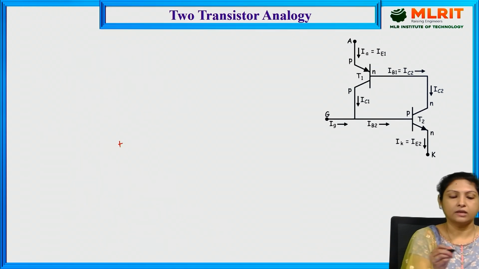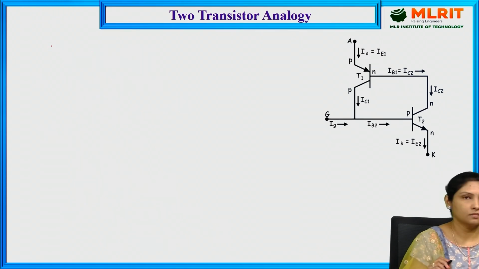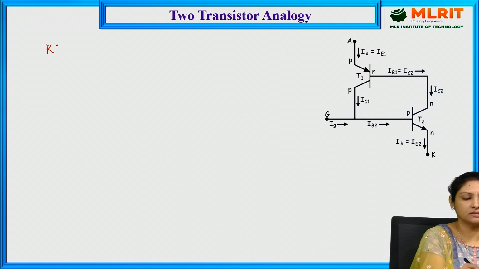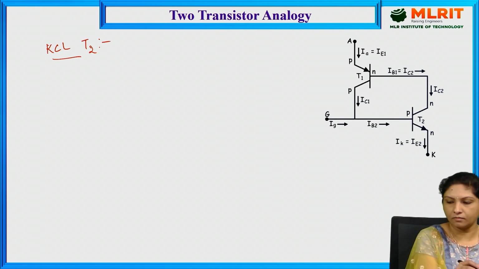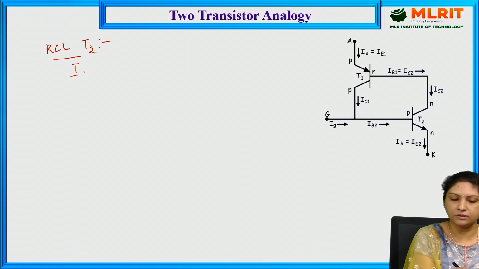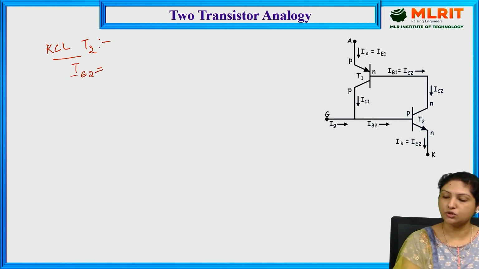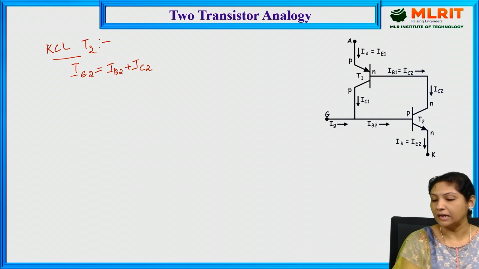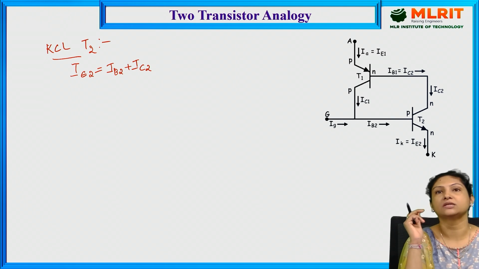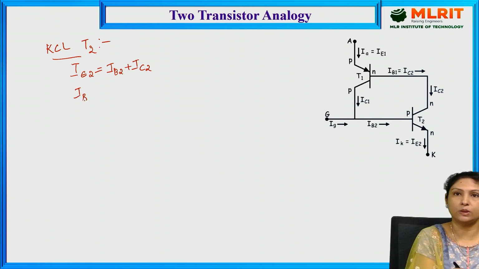And let us apply KCL to transistor 2. Applying KCL to transistor 2, we get IE2 is equal to the summation of IB2 and IC2, where IB2, the base current of transistor 2, is equal to IC1 plus IG.